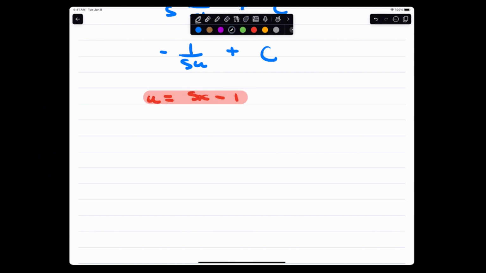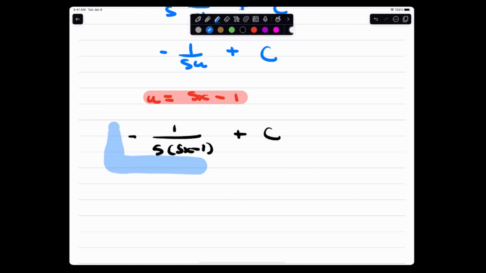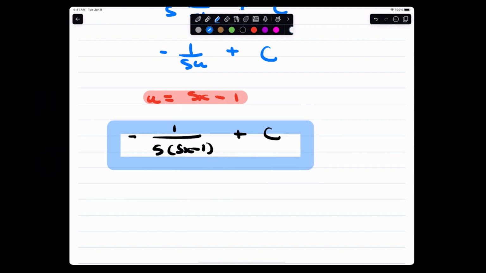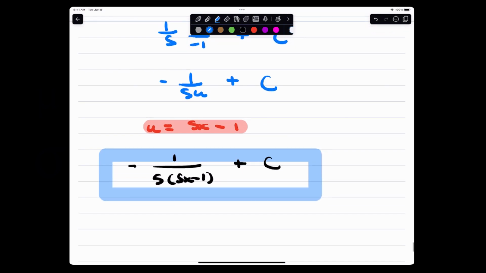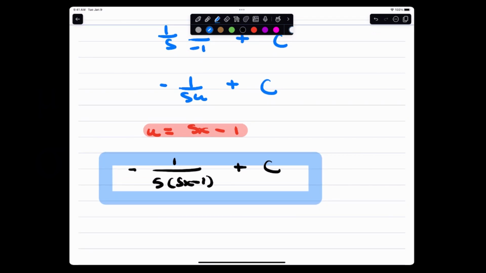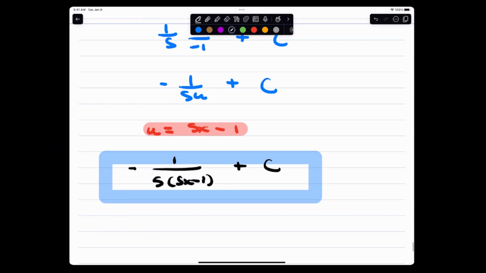So your final answer in terms of x will be negative 1 over 5x minus 1 plus c. Okay, you guys okay with that?